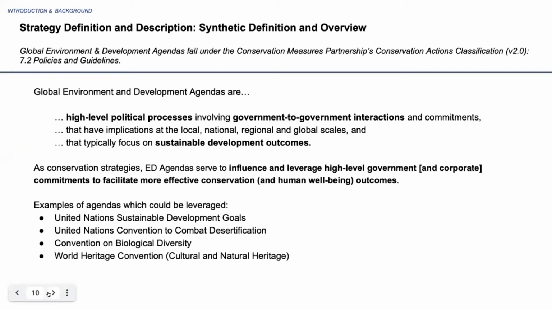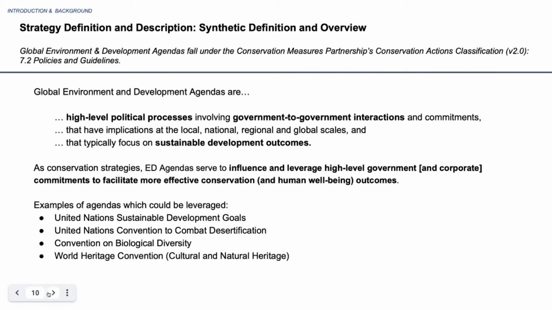Of course, they can be influenced by outside factors, but really these are processes that the governments themselves are developing together and then committing to implement. They have implications at many different scales, and they typically focus on sustainable development outcomes.